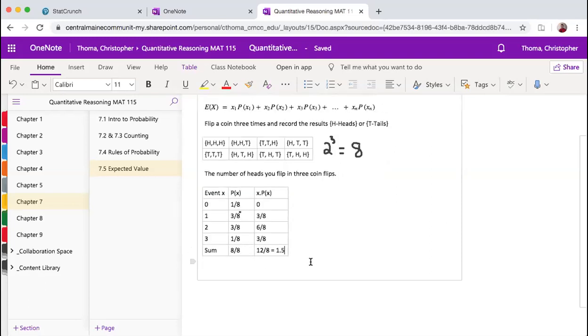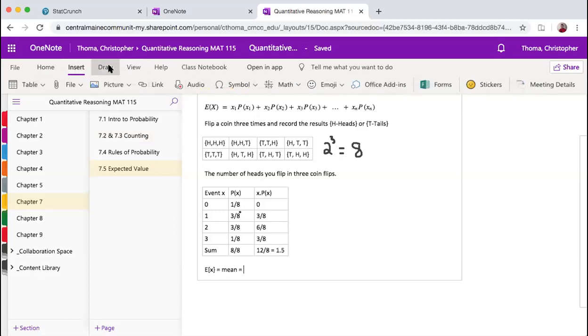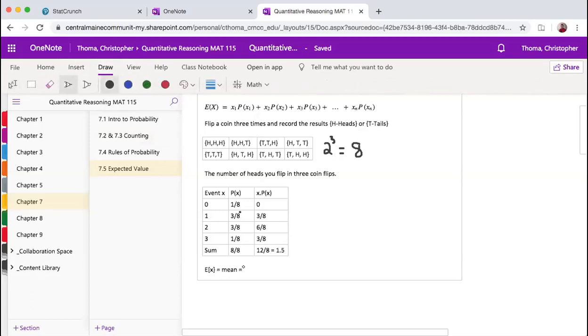And expected value is a fancy way of calculating the mean. So expected value equals the mean, which equals the symbol, which I'm trying to get my 135 students to memorize, but some of them refuse. It equals the mu.